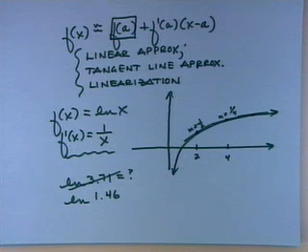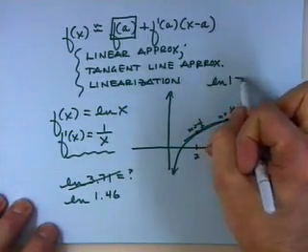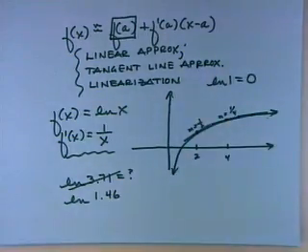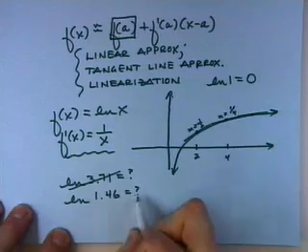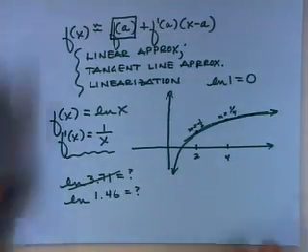Yes. It's 0, isn't it? The natural log of 1 is 0 because that's the power you would raise e to get 1. E to the 0 is 1. So let's do this one instead. So we want the natural log of 1.46.